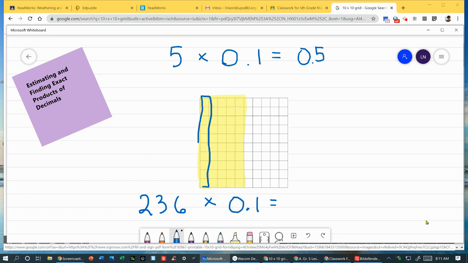Now you can see I only have 10 tenths here in one whole. To get 236 of these, I would actually need to have 23 whole squares and then another square, another grid where I could shade in the 6/10. That's 236 tenths, otherwise known as 23 6/10.